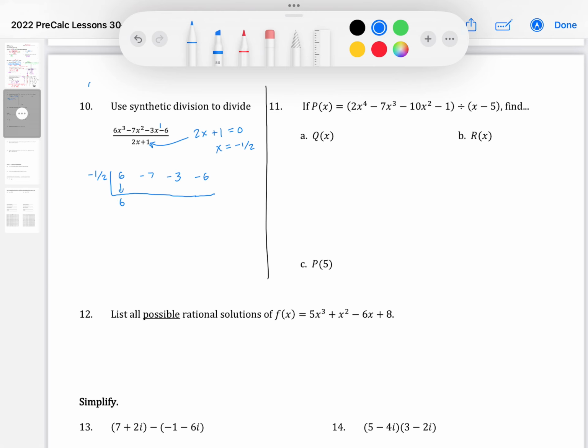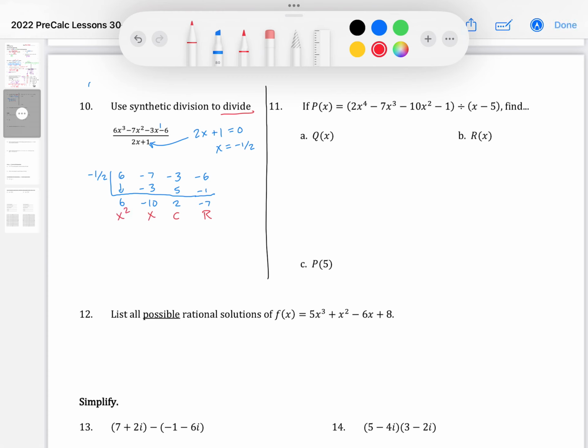So if we bring down that 6, -1/2 times 6 is -3. -7 plus -3 is -10. -1/2 times -10 is 5. -3 plus 5 is 2. -1/2 times 2 is -1. And then we get a remainder of -7. Now don't just leave this as your answer. If it says use synthetic division to divide, you should figure out that this is your remainder, constant, coefficient of x, and coefficient of x squared.